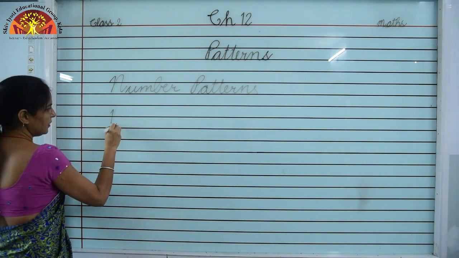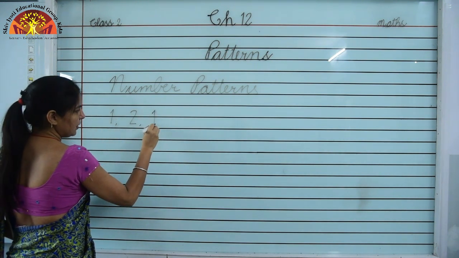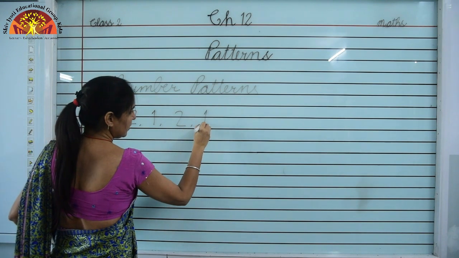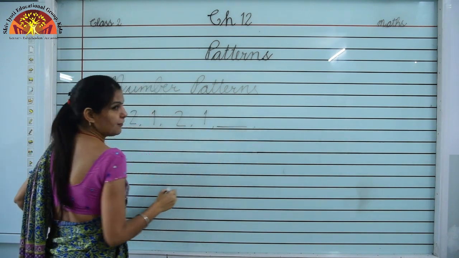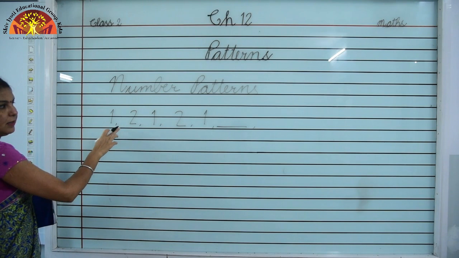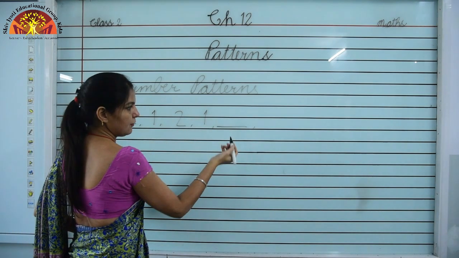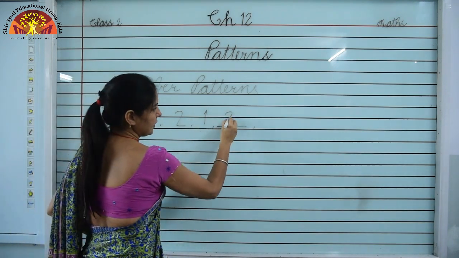Suppose I am writing 1, 2, 1, 2, 1. Now what will we do? We will repeat the numbers like this, 1, 2, 1, 2, 1. Then what will come? 2 will come here.